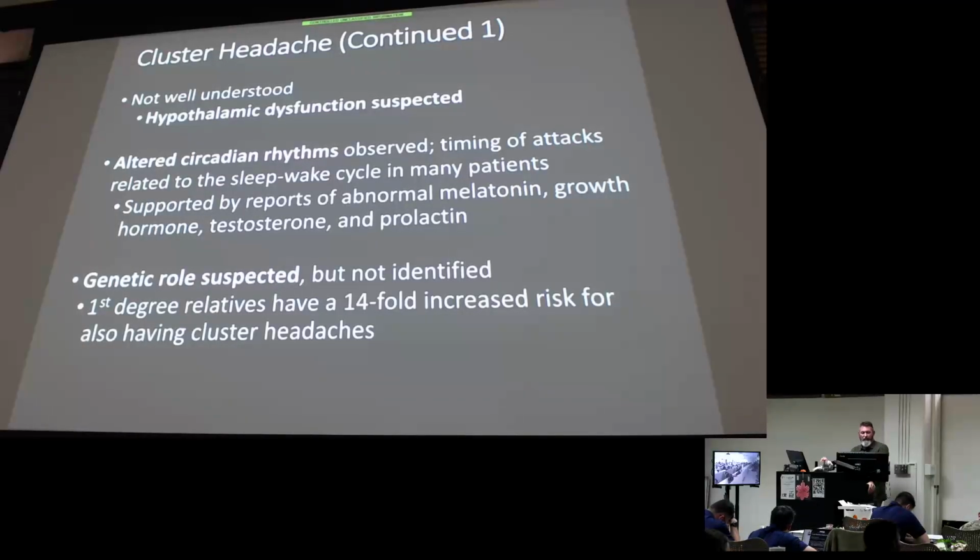A lot of times the first or subsequent headaches that are cluster headaches are going to start at night. So we think it's related to a circadian rhythm, but that's just a thought process, right? And we also suspect some type of genetic role for cluster headaches because of the bottom slide there, right? 14-fold increase if a first-degree relative has a history of cluster.